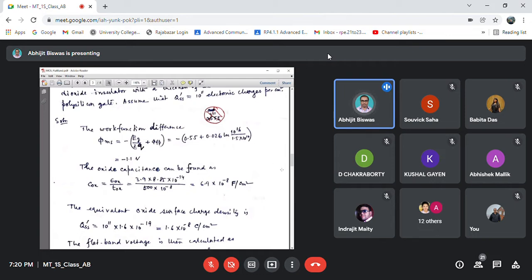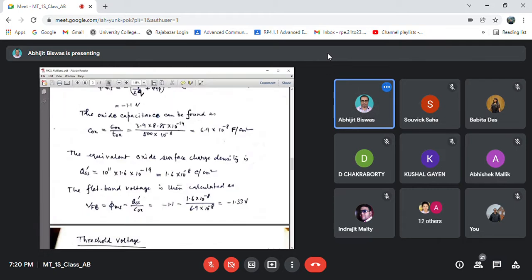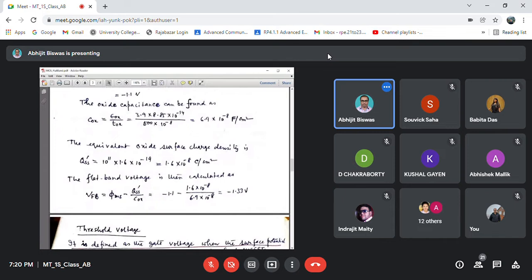If you do not convert to the appropriate unit of different quantities, you may not determine this parameter, the flat band voltage, correctly. So you must be careful regarding the units of different parameters.